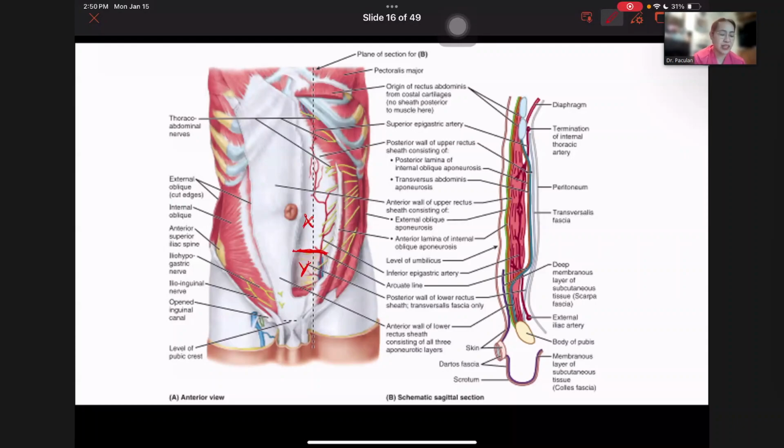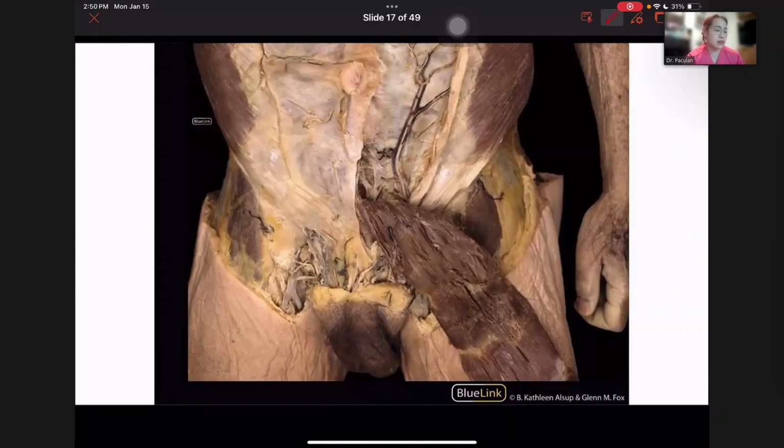Okay, so you get that the arcuate line is a landmark. Another structure to point out is the linea alba that you've already mentioned. It is an interlacing of the anterior and posterior layers of your rectus sheath all throughout the length of the sheath.